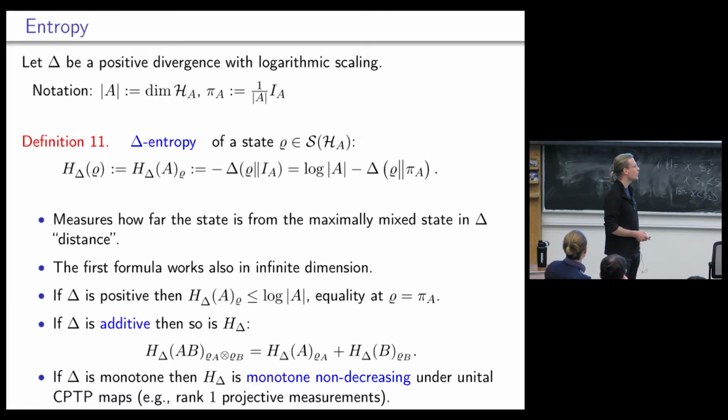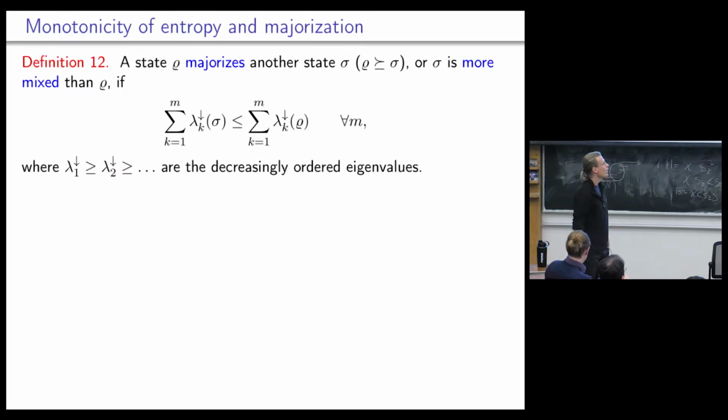And I would like to elaborate a bit about this monotonicity property. Okay. So there is a very important concept called majorization that appears often in the context of entropies. And it's also very important in thermodynamics, this majorization and various generalizations of the concept of majorization.